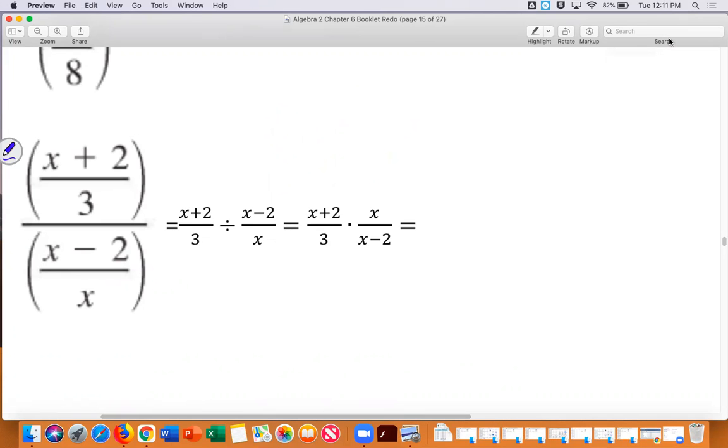So it's going to be x plus 2 divided by 3 times x divided by x minus 2. Now here, is there anything to cancel, Kaylin? No. So we would just multiply this out. So x times x plus 2 would be x squared plus 2x over 3x minus 6. Now I'll just leave it like that.